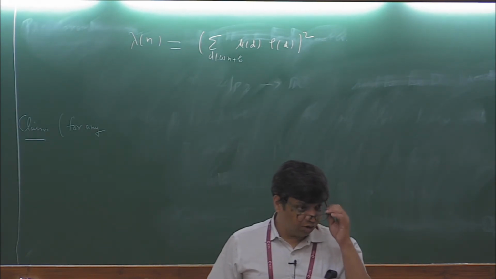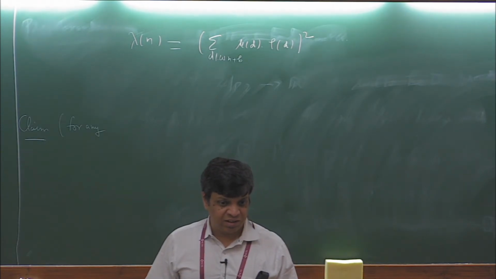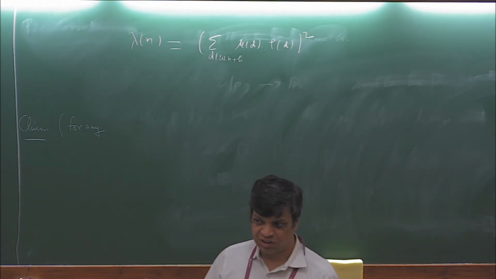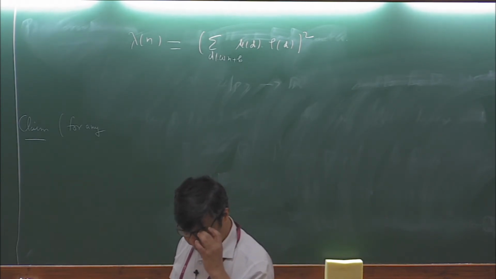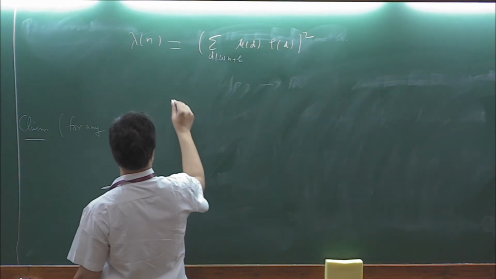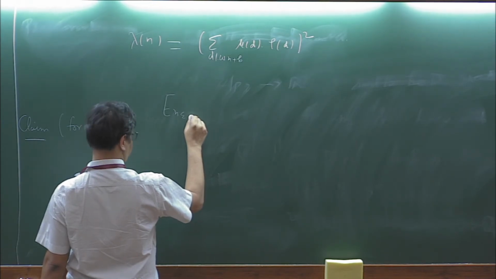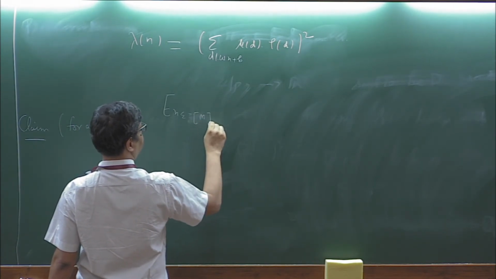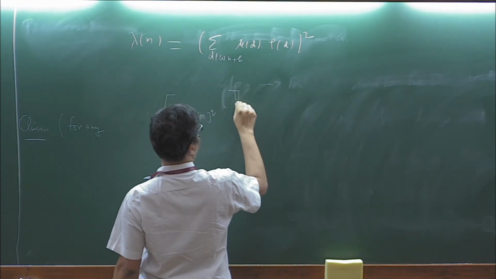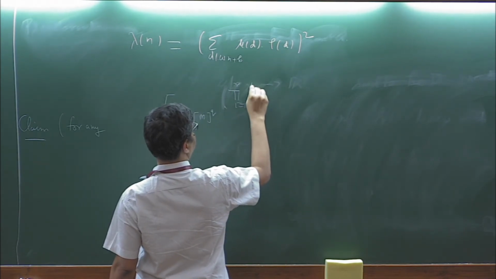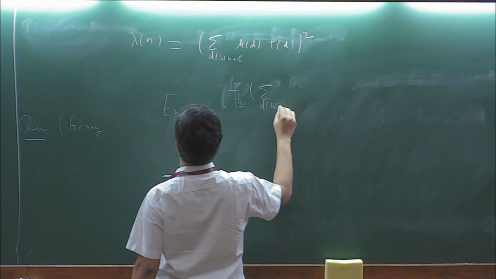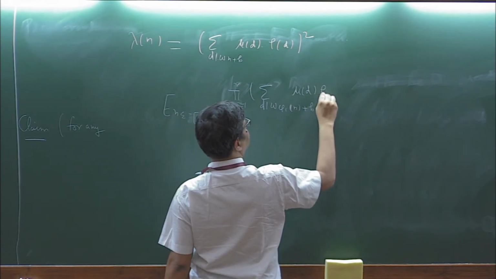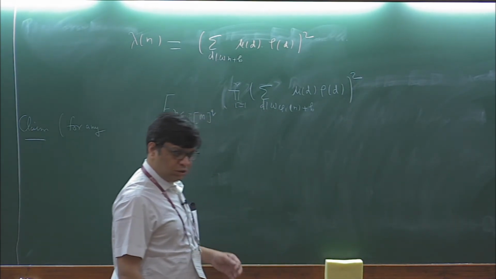There is no point in rewriting this phi w by w log n to the power r every time. So I have to compute this.